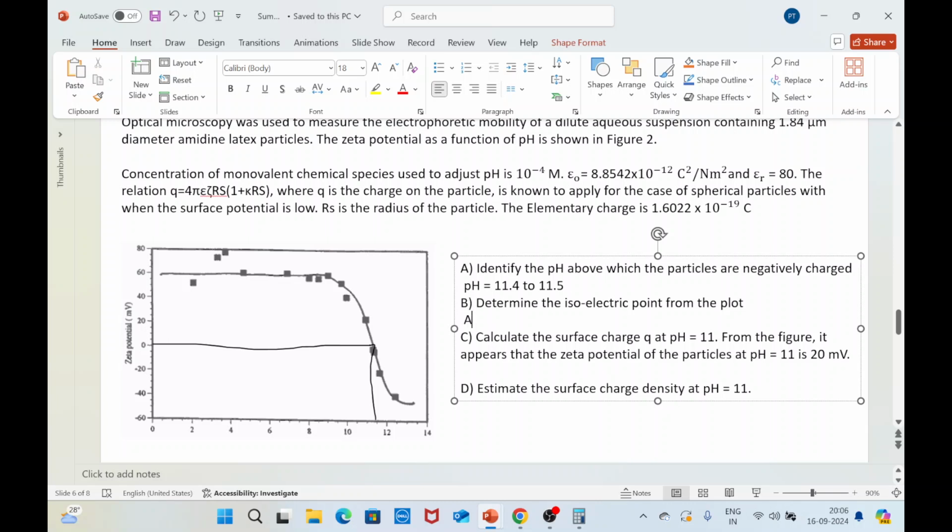So for this question, at a pH of 11.3 to 11.4, zeta potential is 0. Hence the isoelectric point.